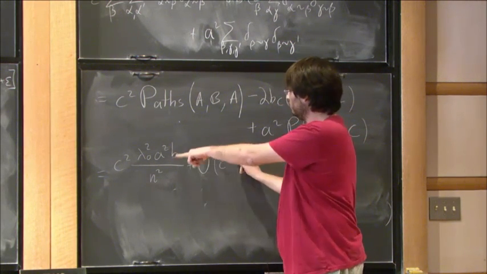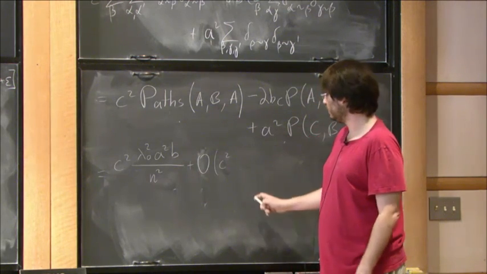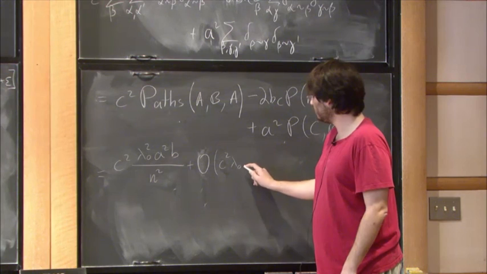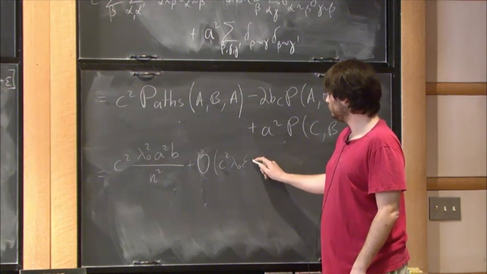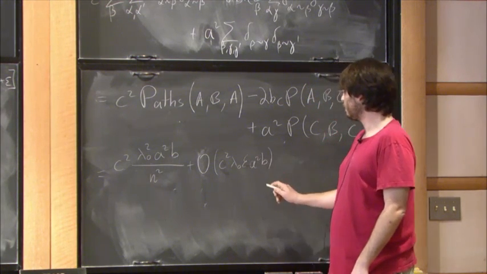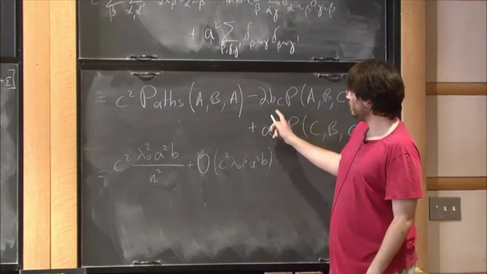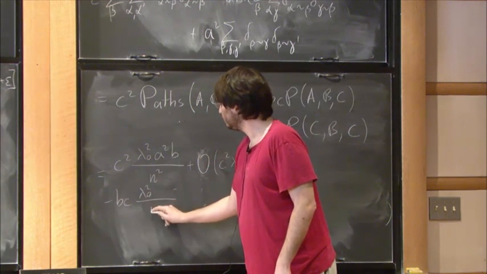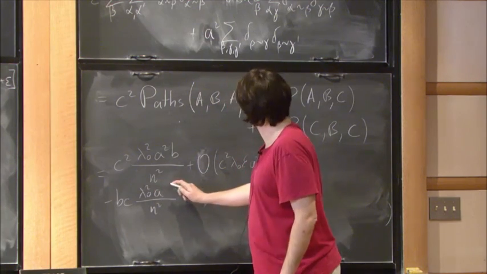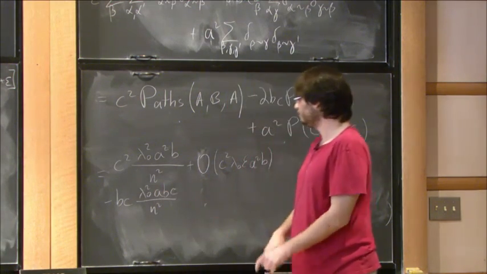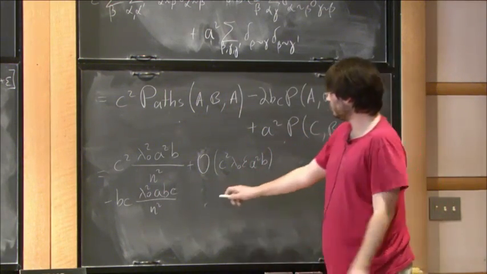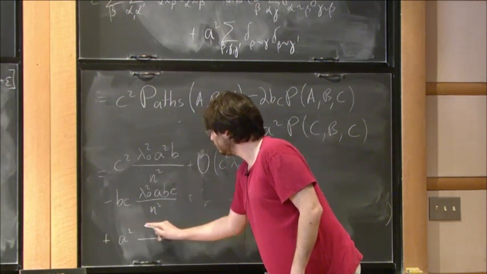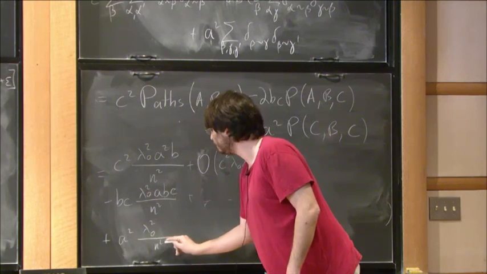So I have here this C square, and from this I will get something like lambda square epsilon A square B. And from this guy, I will get minus BC, then lambda square ABC, plus some error term, and the last one is A square, lambda square, and all these cancel out, basically.